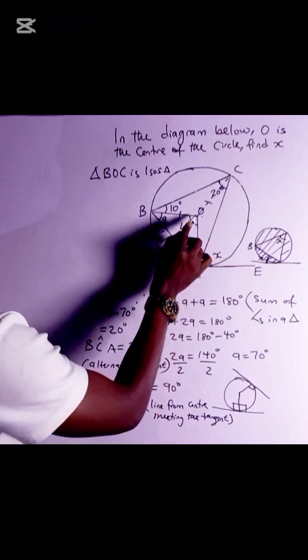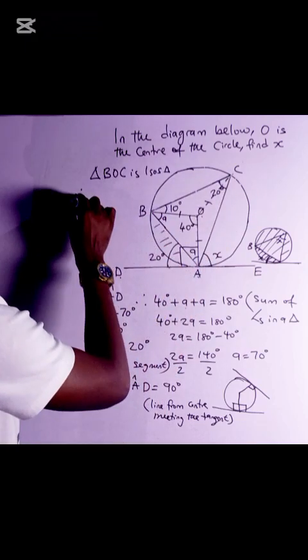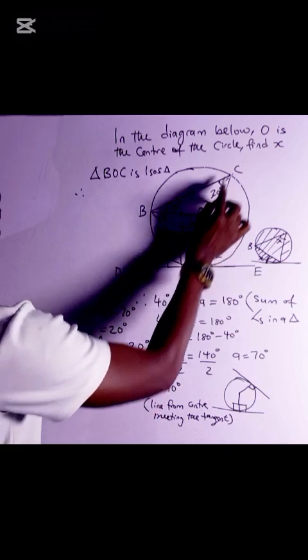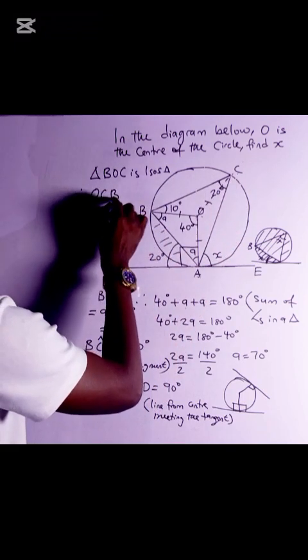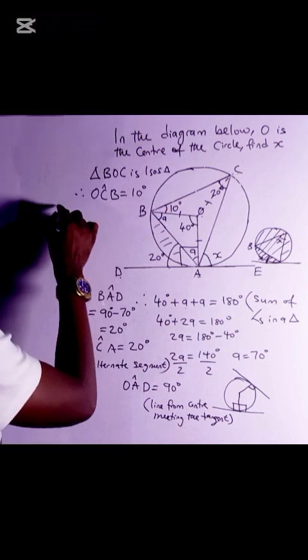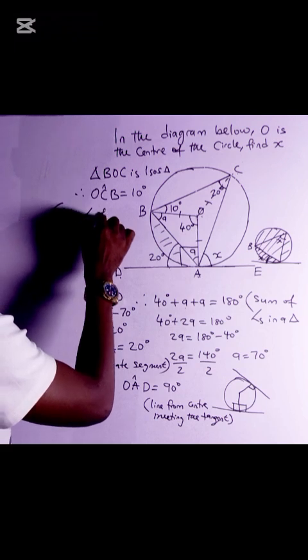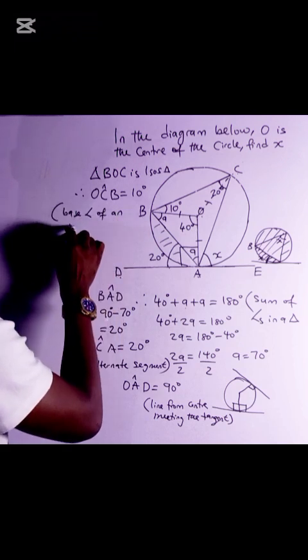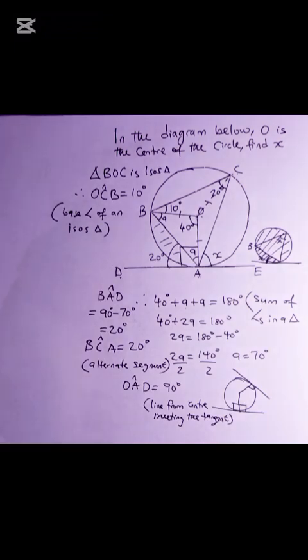So if angle OBC is 10, therefore angle OCB will be equal to 10 degrees. What's my reason? Base angle of an isosceles triangle. That's my reason. Is that okay?